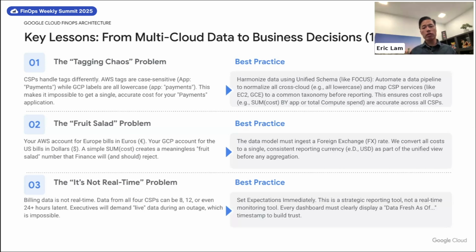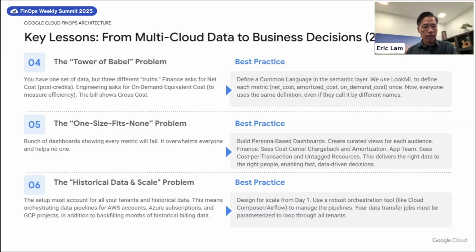But the reality is you do want to set the right expectation with the executives. When they see a dashboard and a mismatch, they'll have questions, so set the right expectation and help them understand that billing data is not in real time.